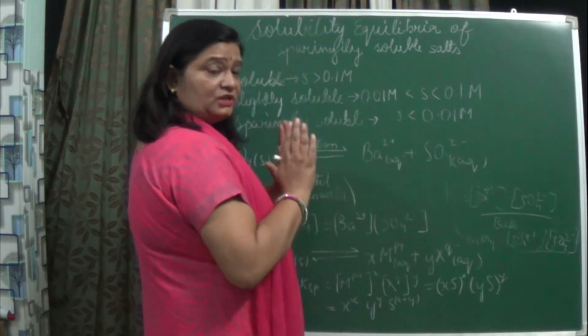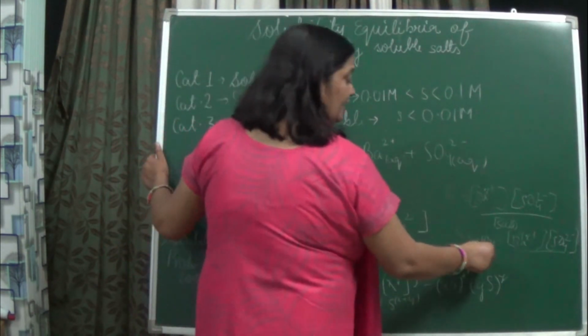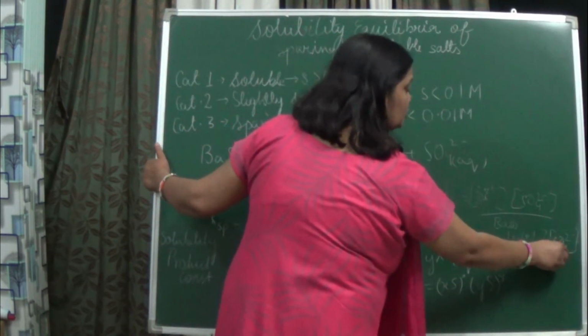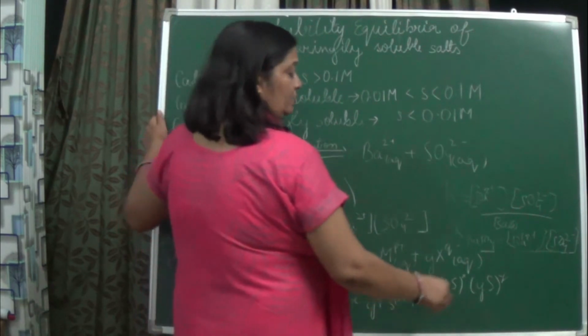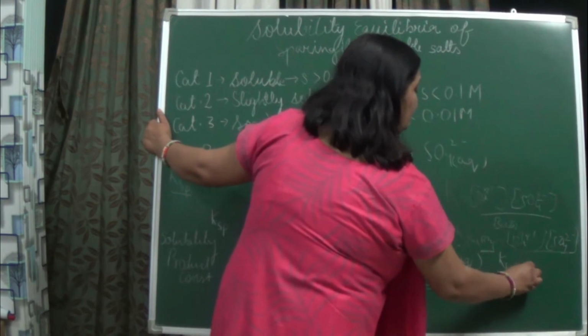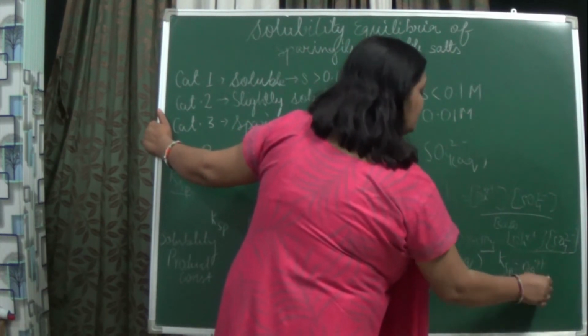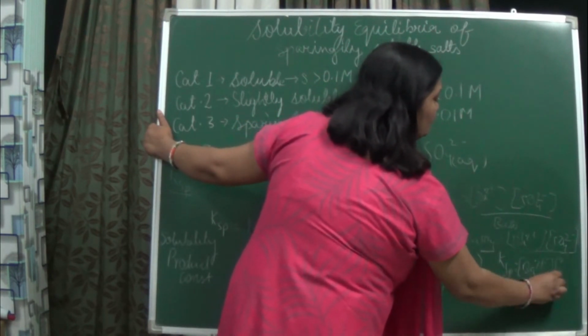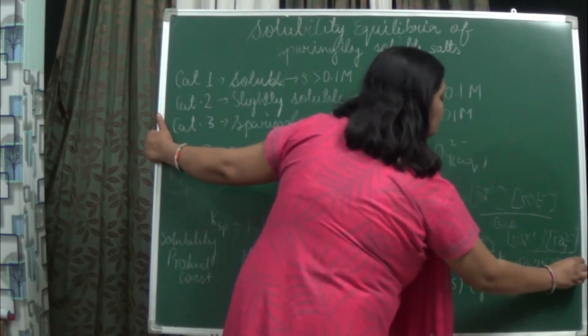Only that much has been formed and some BaSO4 is left behind. So we are concerned with the solubility product constant. It becomes Ksp equal to [Ba2+][SO4 2-].